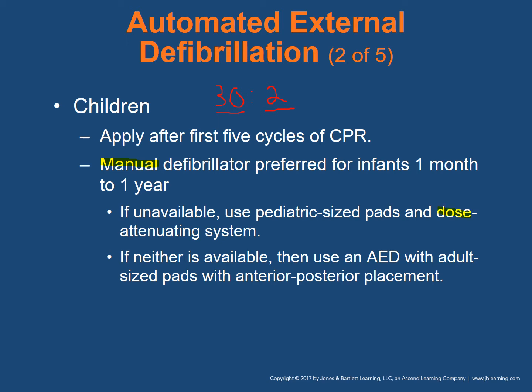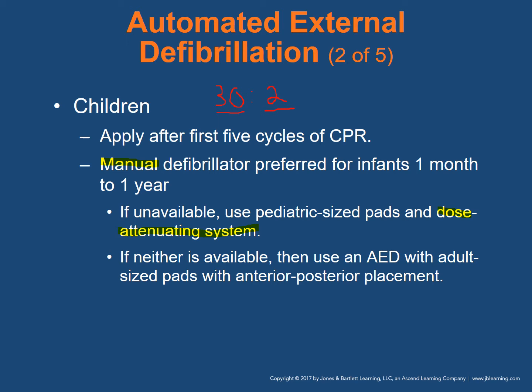This dose attenuating system fits in between the pads and where they plug into the AED itself, the device, and you press the shock button if indicated, and it will send the electrical energy through the dose attenuating system, and that dose attenuating system will automatically decrease or lessen the amount of electrical energy that moves into the pads. So it changes the dose when it notices that device is present to better serve that pediatric patient.